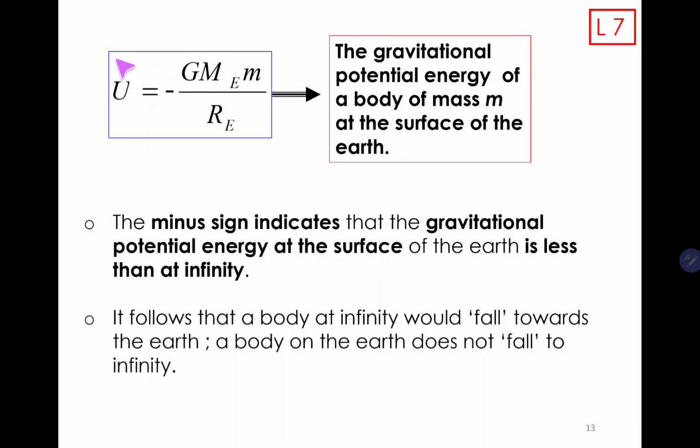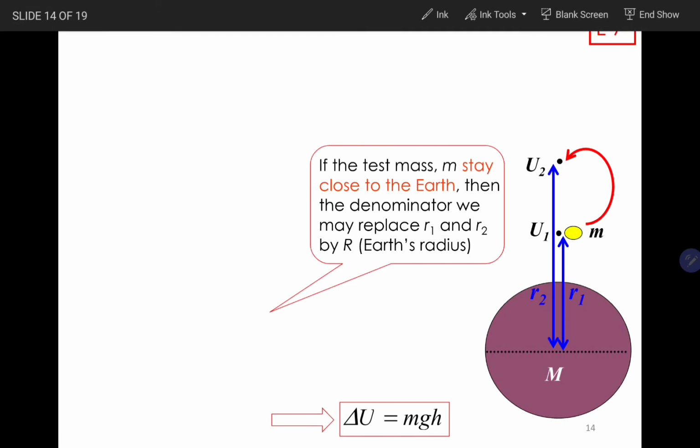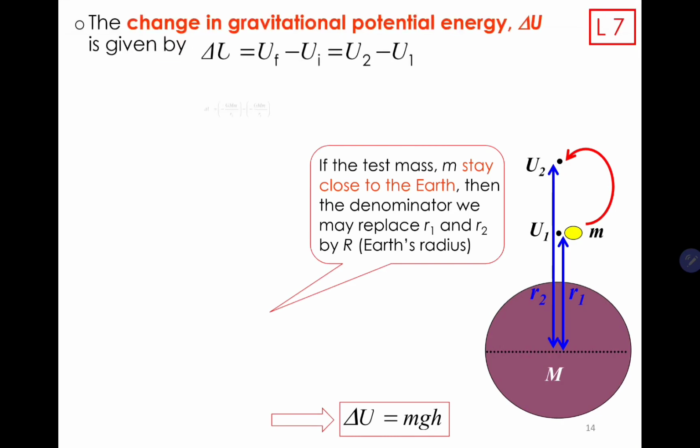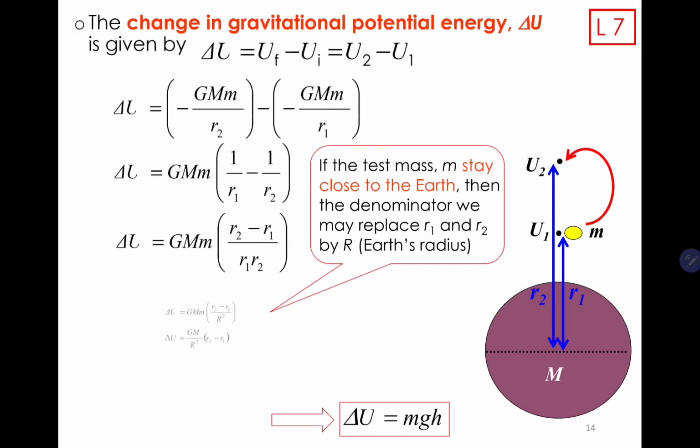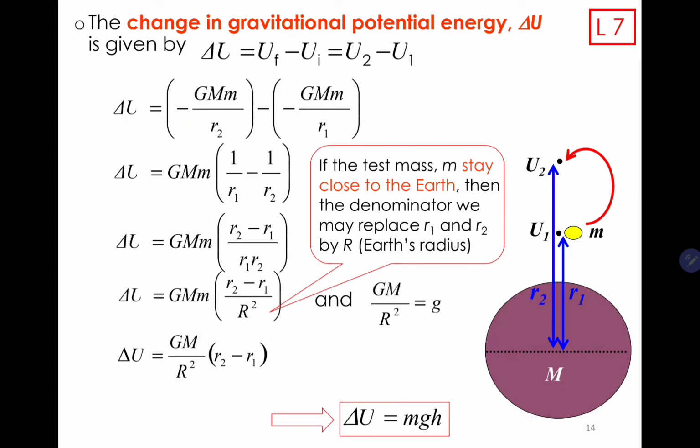How about the change in gravitational potential energy? The change in gravitational potential energy, delta U, is given by delta U equals U final minus U initial. For example, now the object is moving from point 1 to point 2.